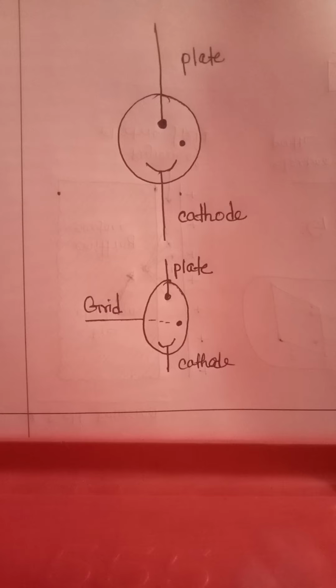In certain applications, fine control of electrons within the valve is of less importance than heavy current. In such situations, a low pressure gas is purposely introduced into the valve. Such tubes are known as gas filled tubes.